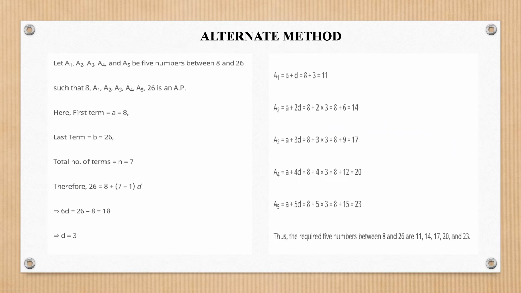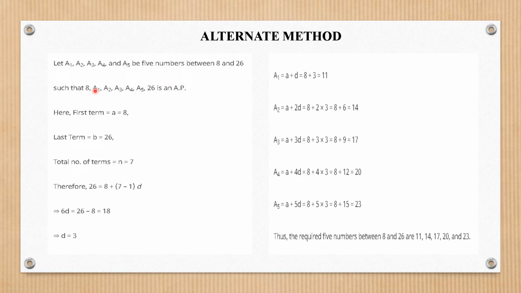Another alternative way of doing this question is that you can take your 5 numbers between 8 and 26. Let A1, A2, A3, A4, A5 be the 5 numbers between 8 and 26.